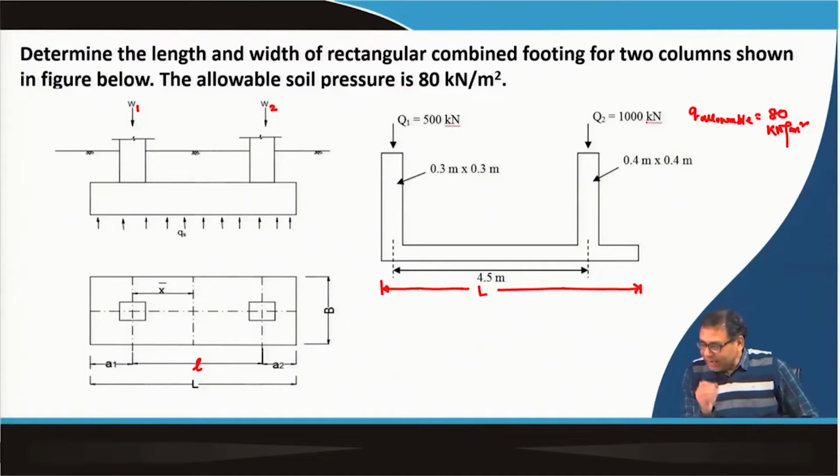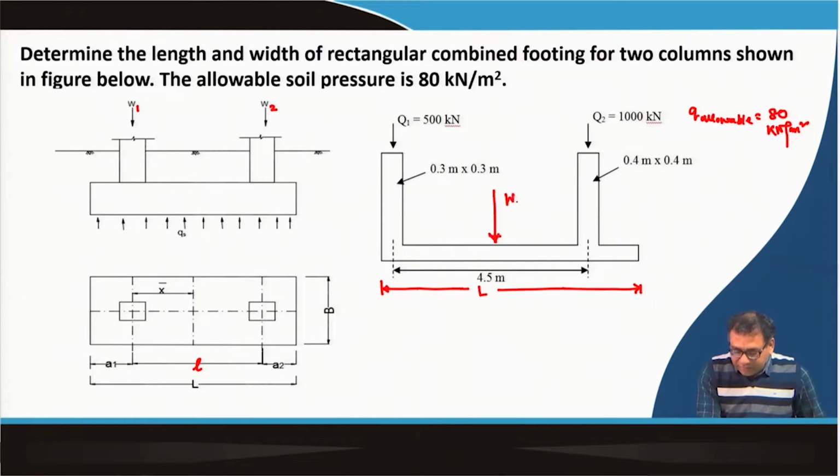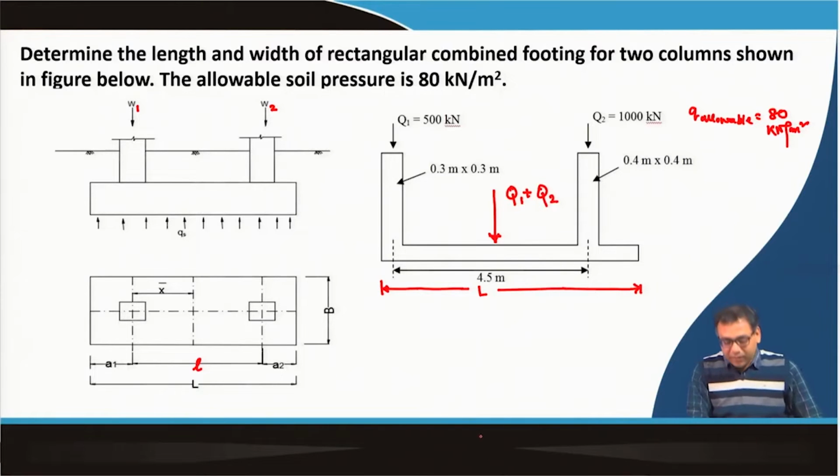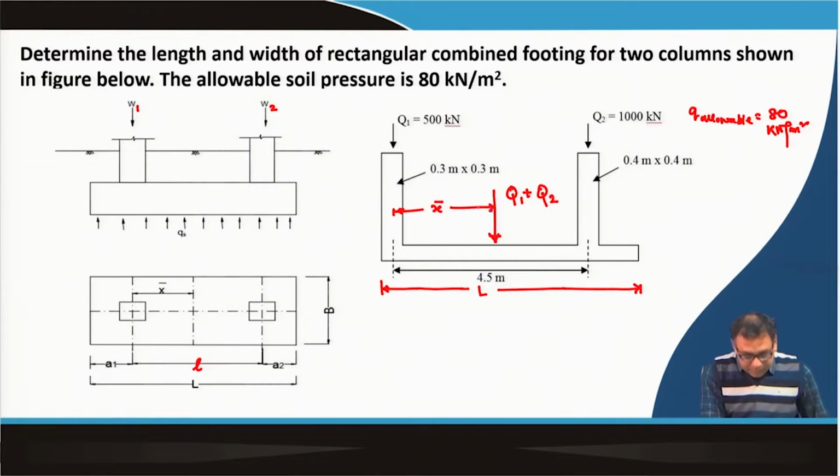For that purpose we have to take the moment of these loads from one particular column center. So, the resultant force Q1 plus Q2 is acting, and that is equal to, say, x bar from the center of the column.